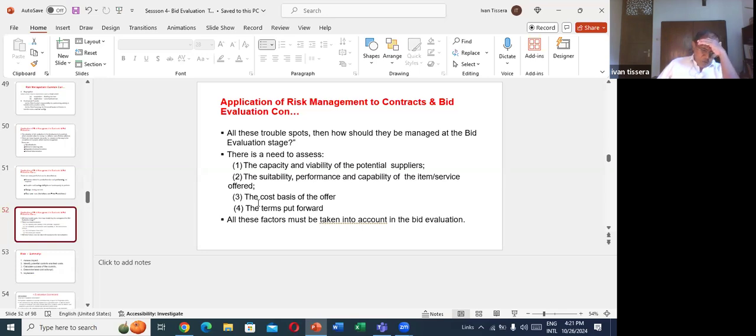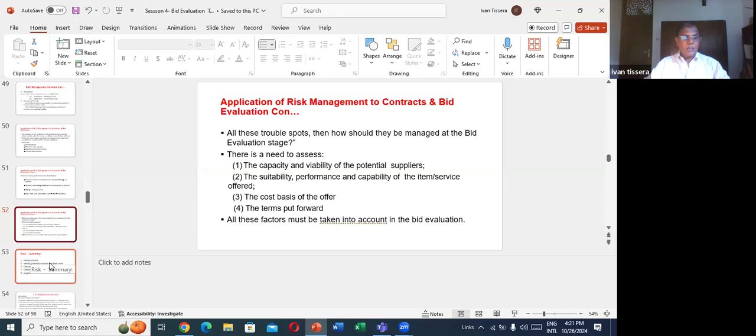Even if we select the lowest bidder, whether he can perform the contract, whether he will deliver within the expected delivery period, whether he has the capacity now because he is having another contract. All the things should be considered. There are some mitigating ways also.